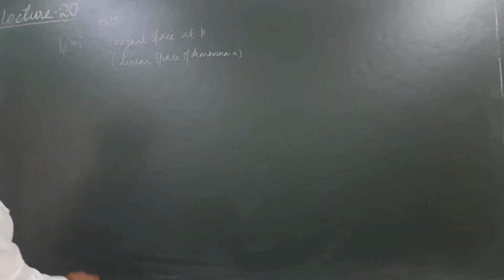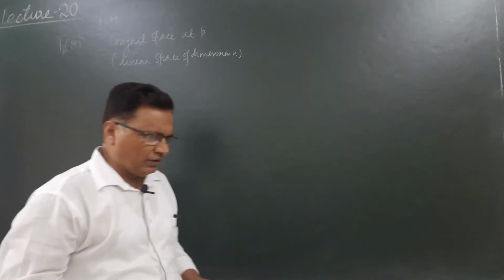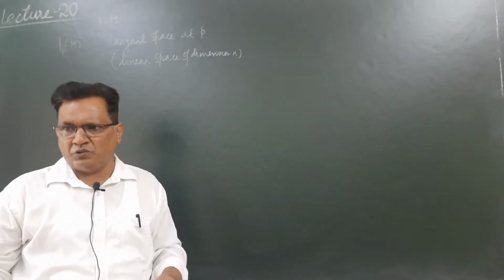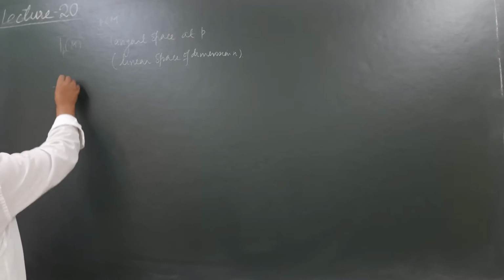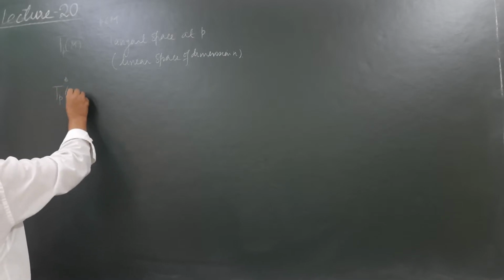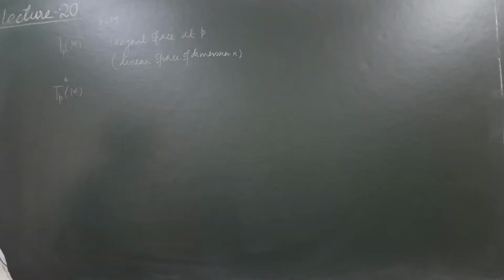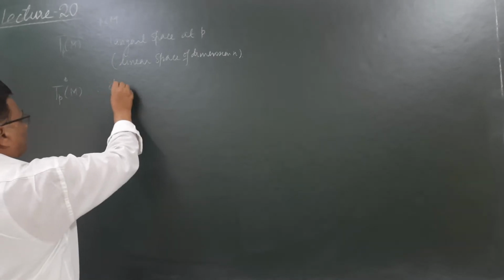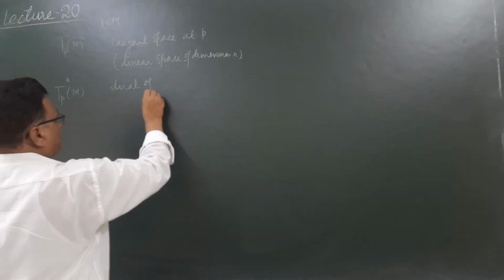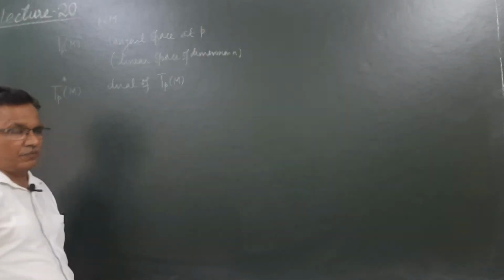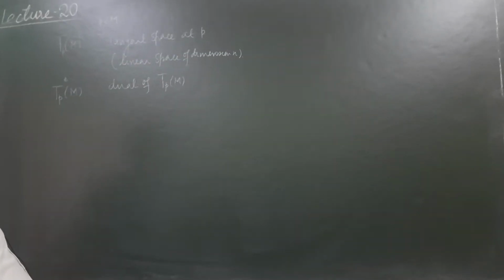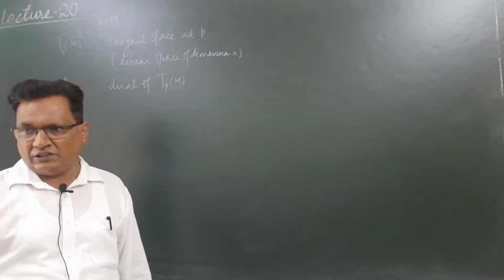Now, to every finite dimensional vector space you can find its dual. So, consider the dual of the tangent space, which I will denote by Tp star M. This is the dual of TpM, which is once again a vector space, and it consists of all linear functionals.